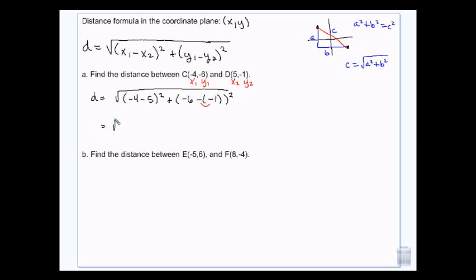So this is actually going to be -9 squared plus -6 plus 1 squared, which is -9 squared plus -5 squared. Now, you'll notice I'm leaving the negatives in the parentheses, and there's a reason I'm doing that.